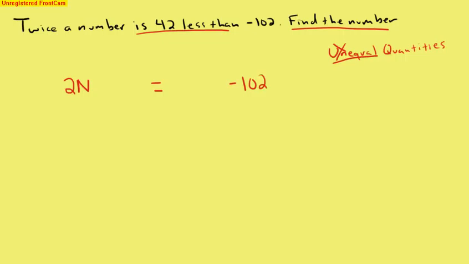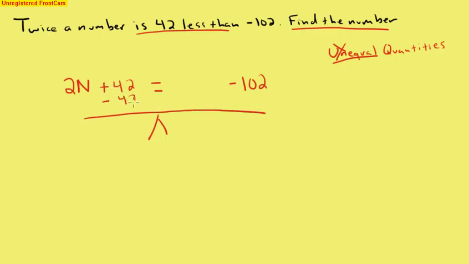So, back to the original, I've got two choices here to make this equal. Twice the number is 42 less than. To make it equal, I could add 42 to this side, or I could subtract 42 from this side over here, and that would make it equal. So we'll add 42, even though, quite honestly, it's probably a little faster the other way, but I've already got it written in.